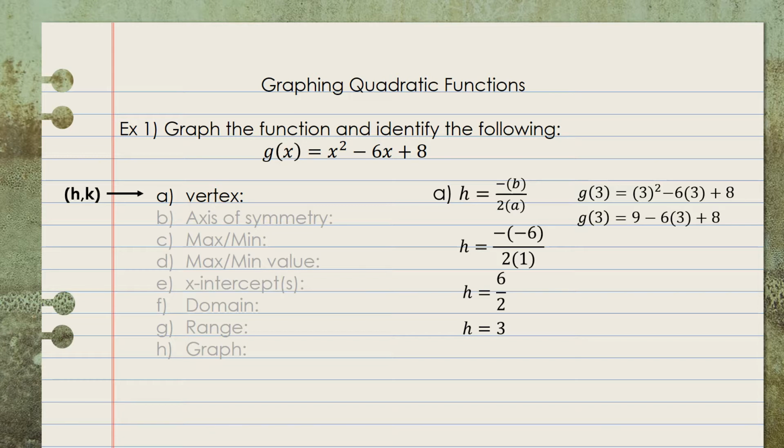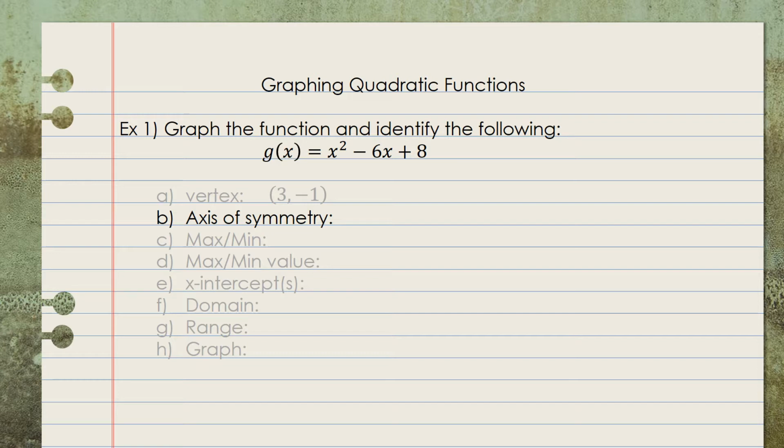We see negative 6 times 3 is negative 18. Next, we do addition subtraction in order from left to right. 9 minus 18 is negative 9, and then we still have plus 8, and negative 9 plus 8 is negative 1. So we just found the vertex, which is 3, negative 1.